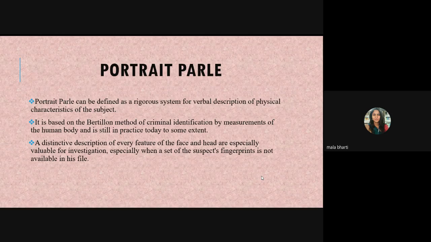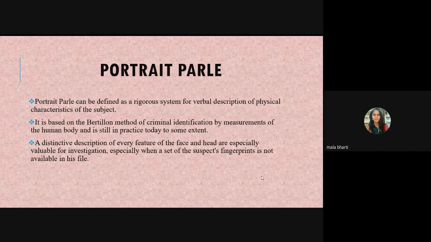So initially, a few cases did get solved by this whole concept of the portrait parlé, but later it was criticized very much, because you can understand that there can be numerous people of the same height, same sitting height, same standing height, same hand length, same foot length.